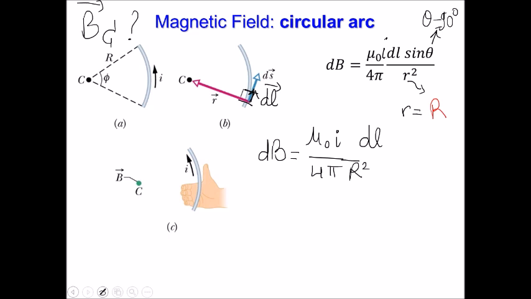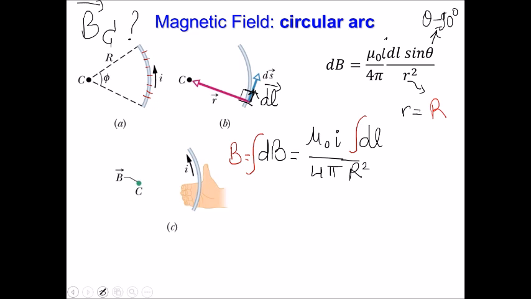So if I want to integrate this along to get B, what do I need to integrate? I need to integrate just dl, the element length. So I integrate the element length along the circular arc. What will I get? Well, I will get the length of this circular arc.